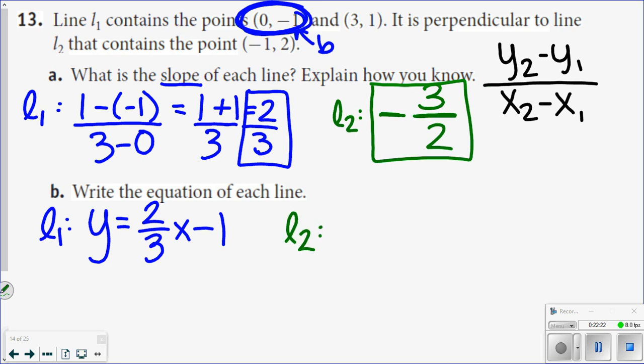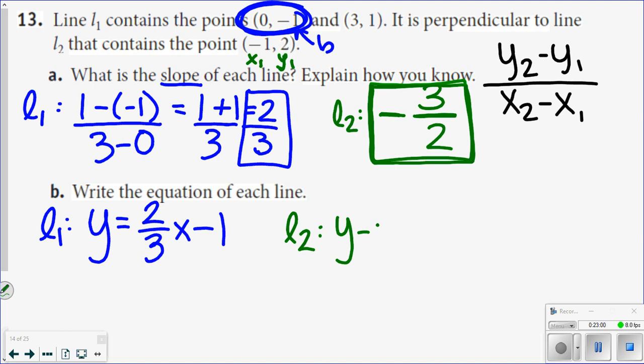Line 2, L2. My m is boxed in right here from question A. And what we know about line 2, it contains this point, negative 1, 2. That is a point. So I need to write this in point slope form, which is y minus y1.